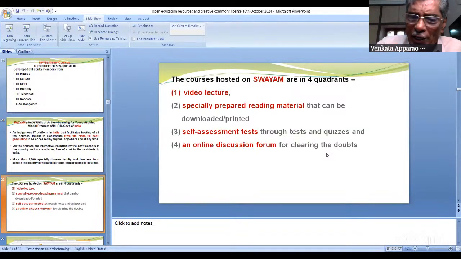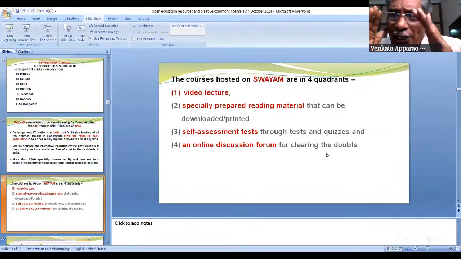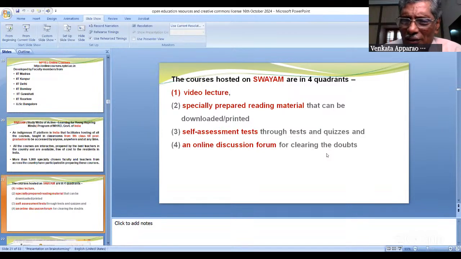Then the 4th quadrant is an online discussion forum for clearing the doubts. Suppose 1,000 students have registered for a course in calculus, in mathematics, or 2,000 students have registered for a course in physics, or in economics, or political science, whatever.